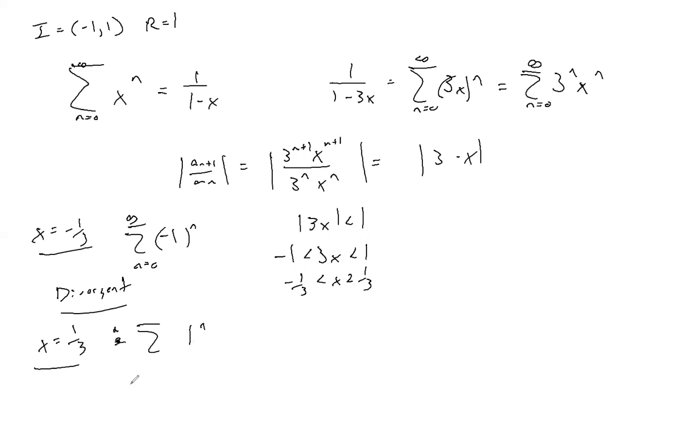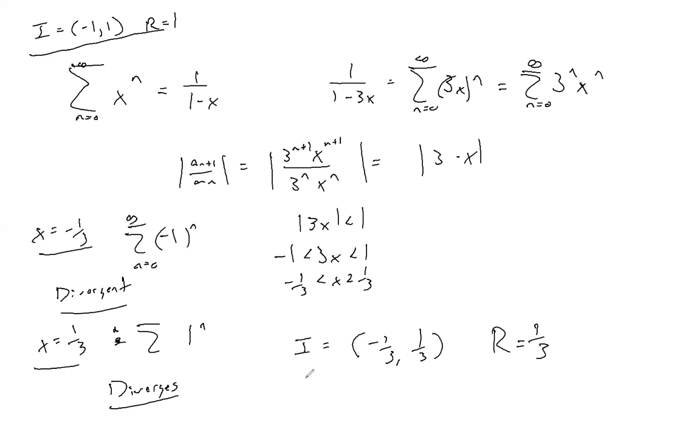This definitely diverges, again by the divergence test. So I don't want to include those endpoints. My new interval of convergence is negative 1/3 to positive 1/3, parentheses on both. And the radius of convergence is also 1/3. So my original power series had this interval and radius of convergence, and my new power series has this interval and radius of convergence.